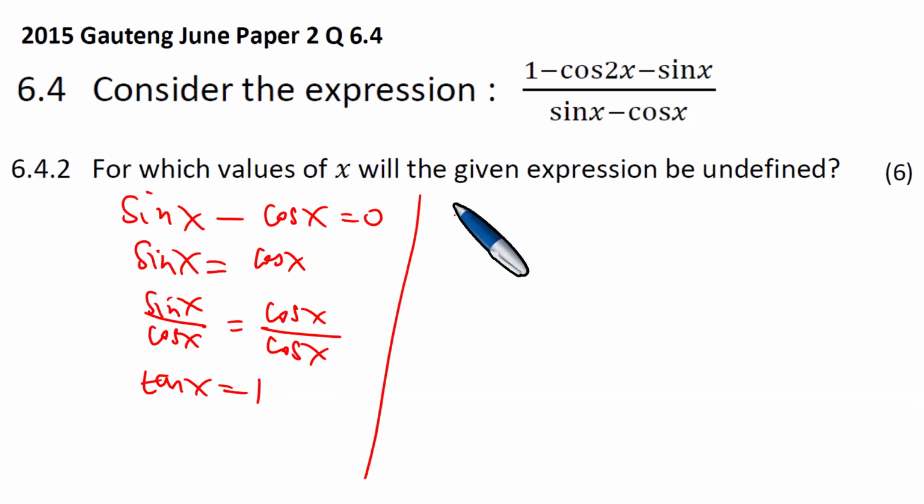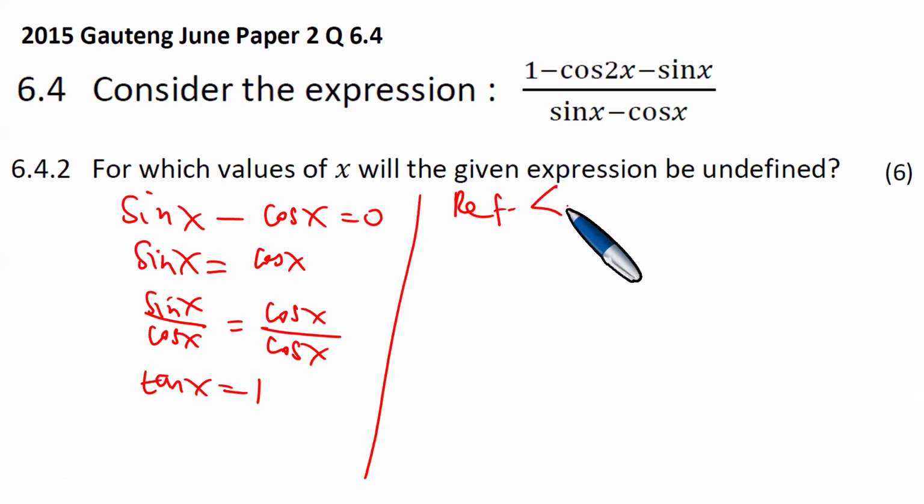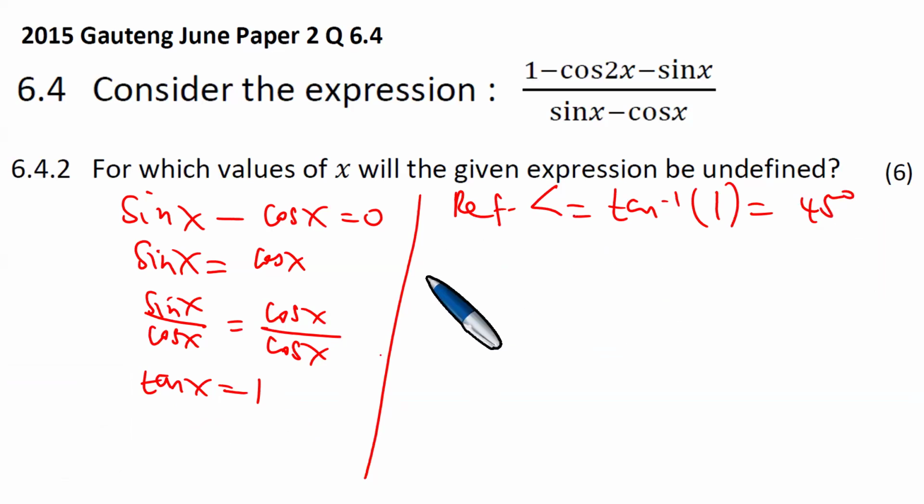And then what do we do? You get the reference angle. What is the reference angle for this? It's 45. Well done. So we did not get to the difficult questions today. Arctan 1 is 45 degrees.